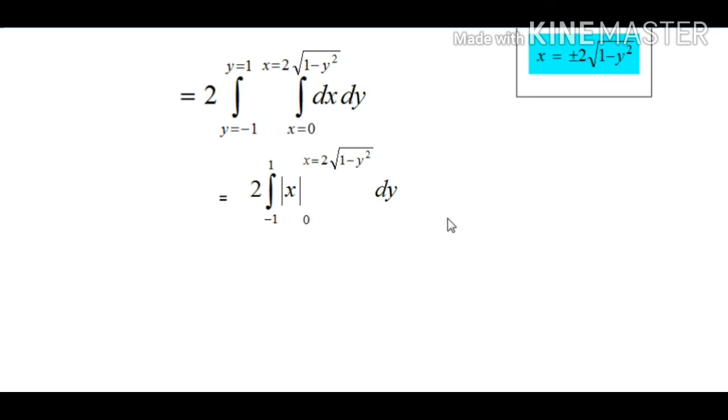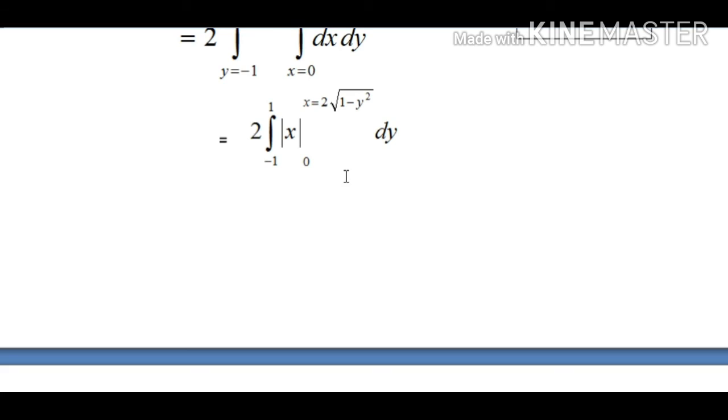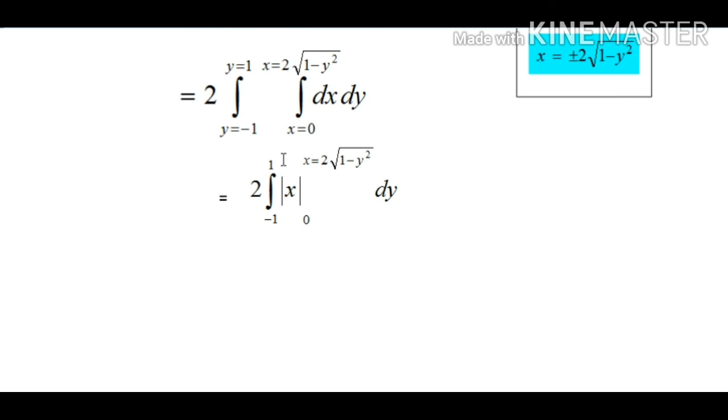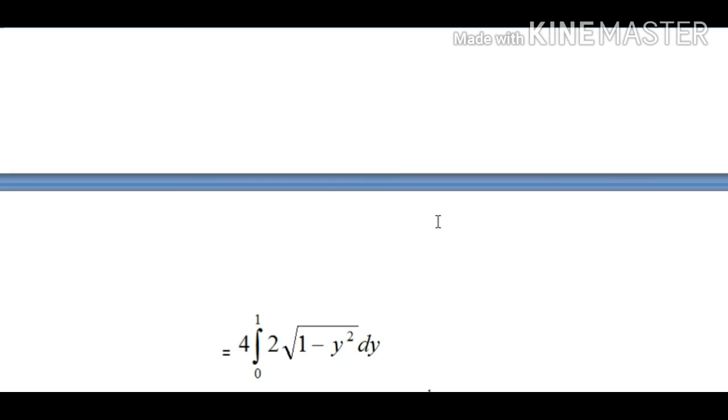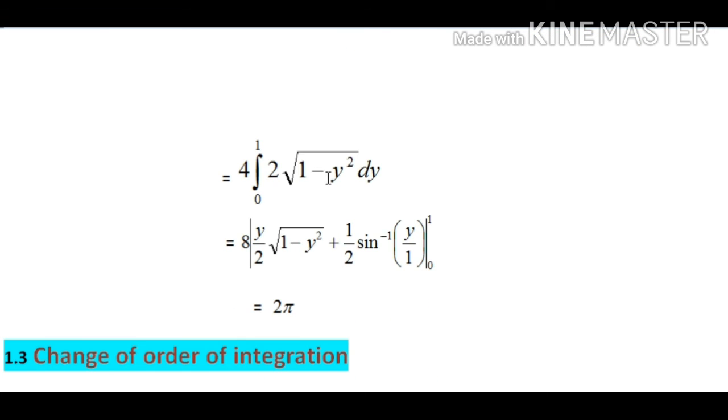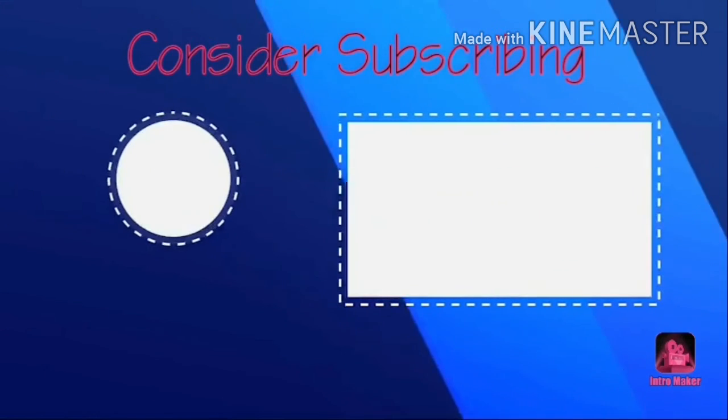Upper limit 2 under root 1 minus y square, and minus the lower limit, x is 0. Once your integration with respect to x is solved, next you have to solve the integration with respect to y. So as earlier, you use the formula for square root a square minus y square: y by 2 under root a square minus y square plus a square by 2 sine inverse y by a, and then apply limits 0 to 1. So your answer is 2 pi.